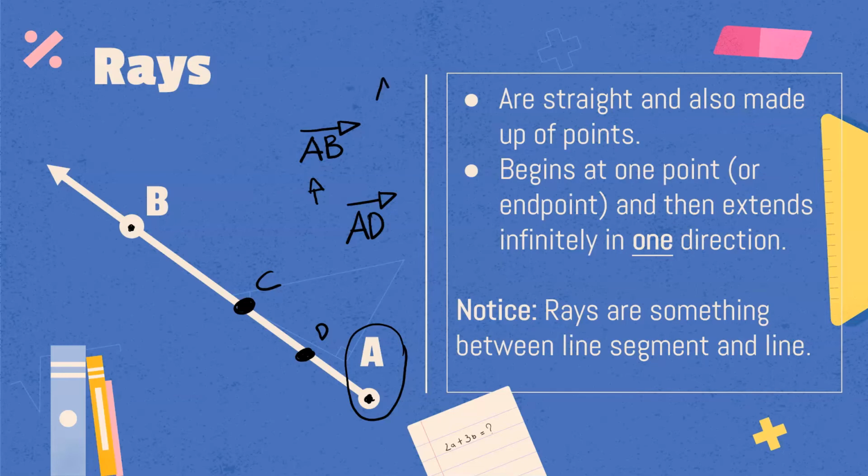We can go AC, but again, you always have to start with its endpoint, but then you can name any other point on the line in the direction where it goes infinitely on forever. You can name any other point after A. And yeah, just be careful with that.